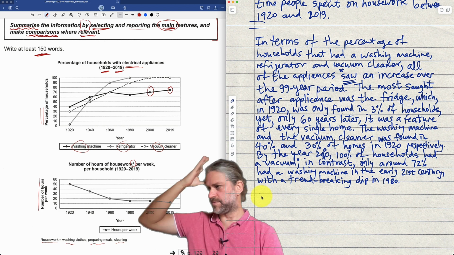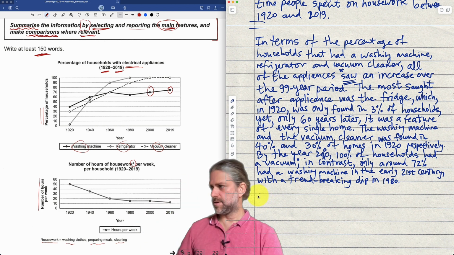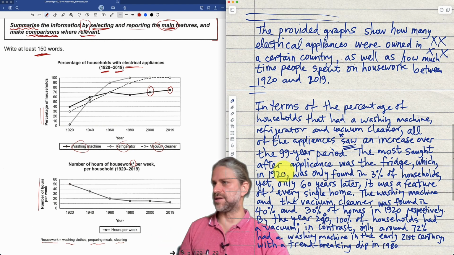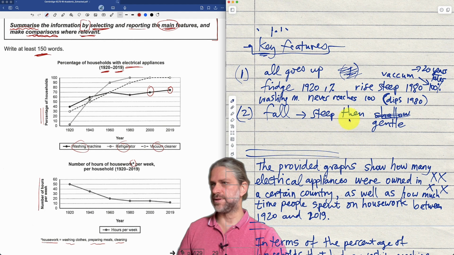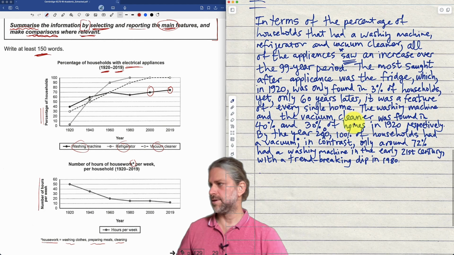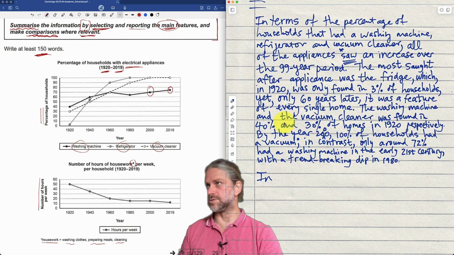Need to mention this final graph, obviously. Steeply, what did we write at the top here? Fell steeply and then gentle. Yeah. Okay. In terms of, I'm going to use that again because we've got it at the top.